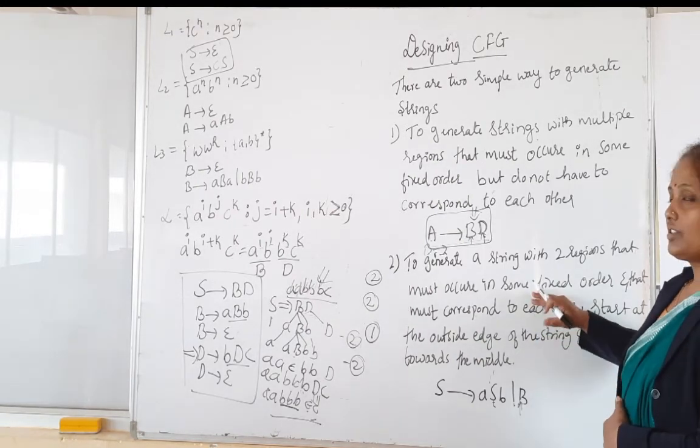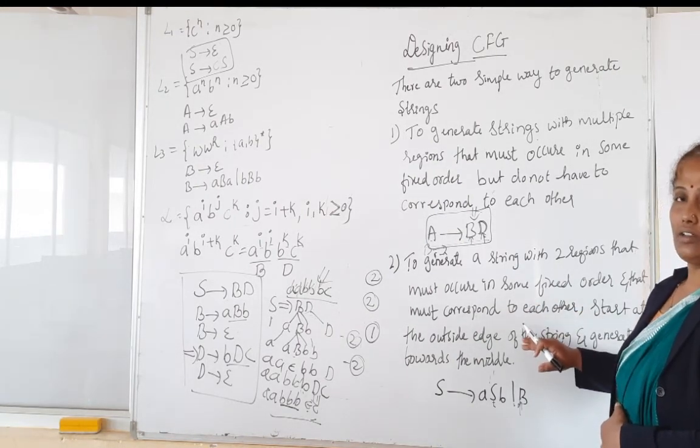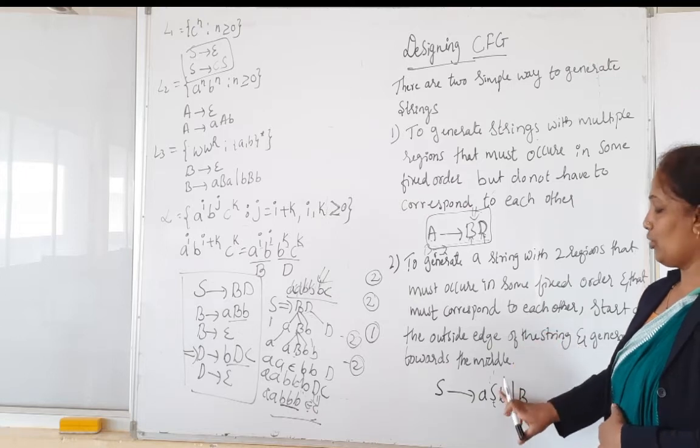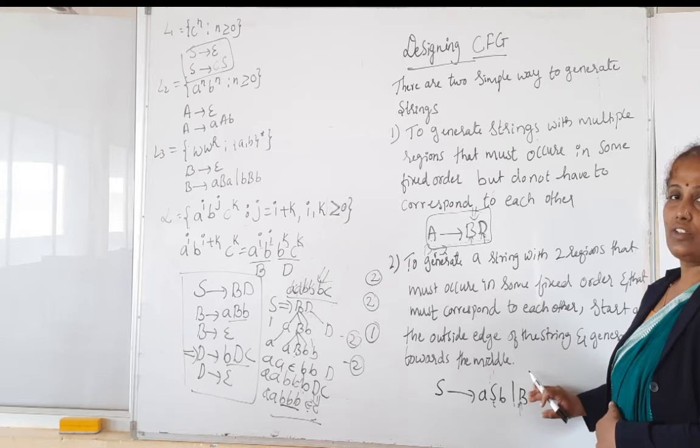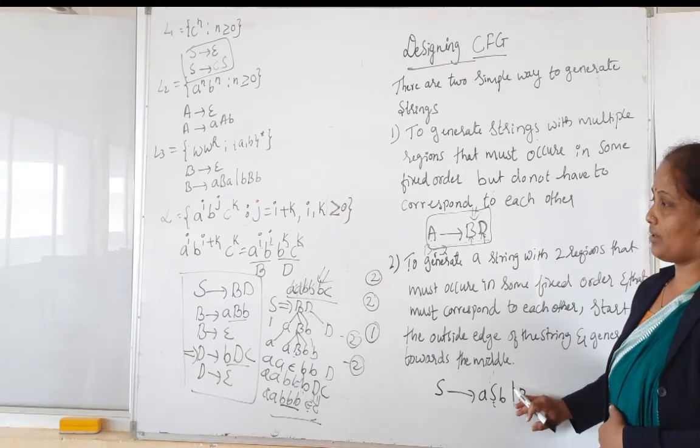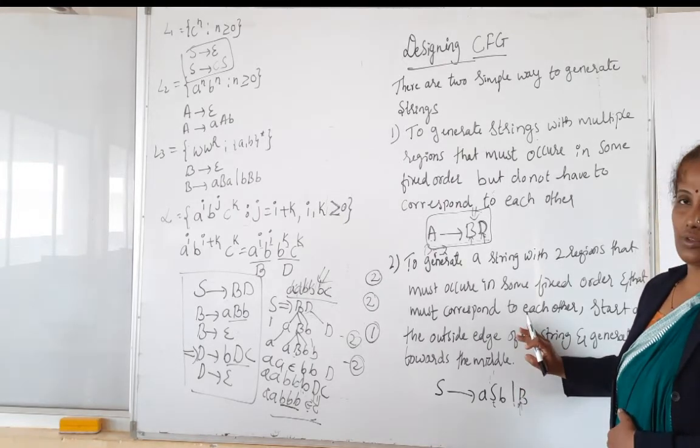In such cases, you declare a non-terminal to accept the strings of the outer region. Then you define the strings for the inner region. We will take one example for this and check.